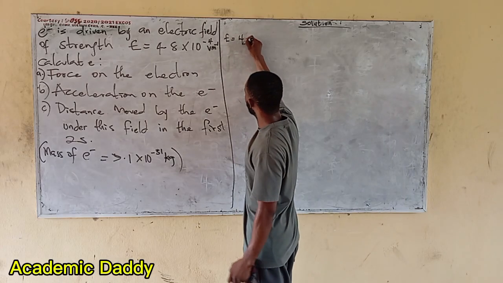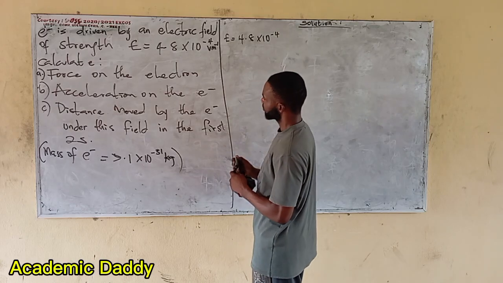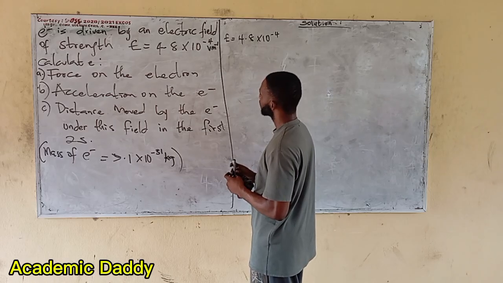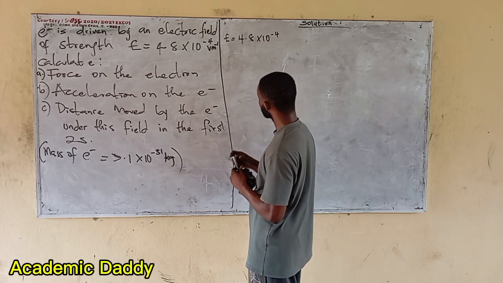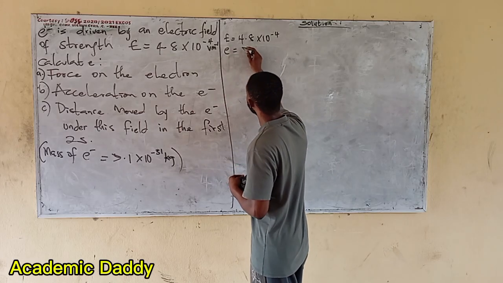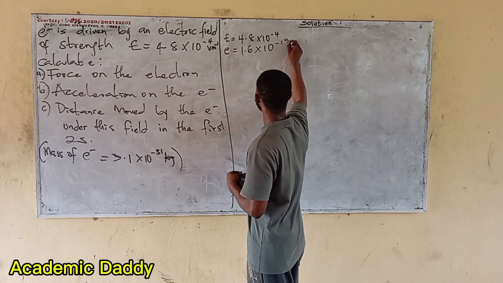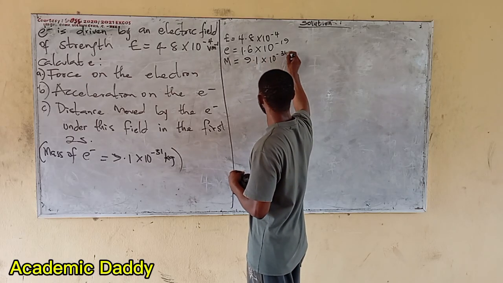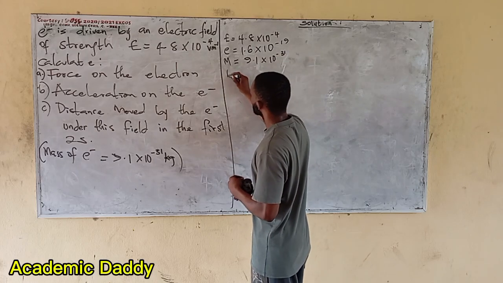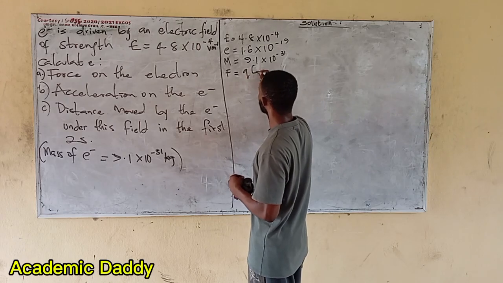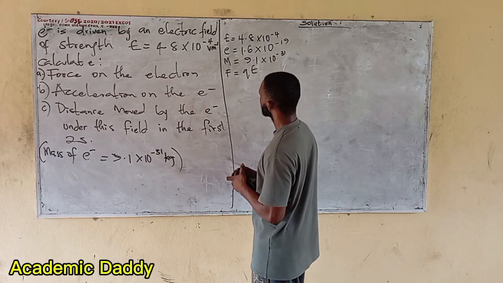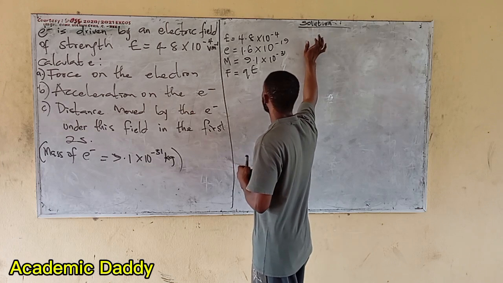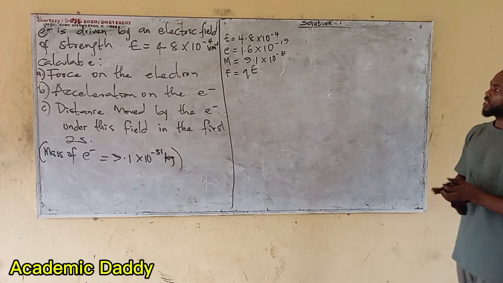I have E equals 4.8 times 10 raised to power minus 4. Notice that this person did not give us any distance.